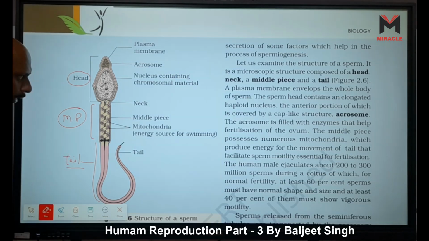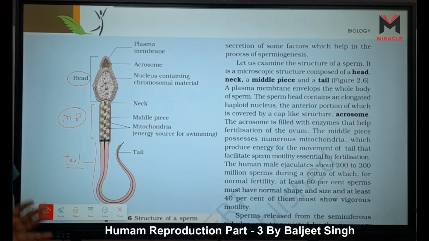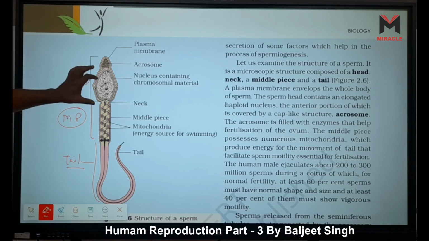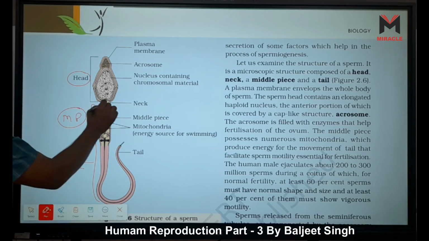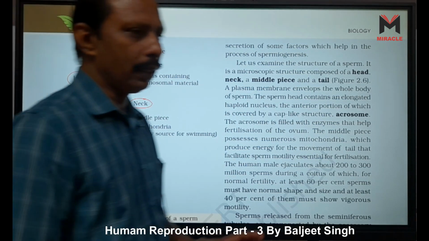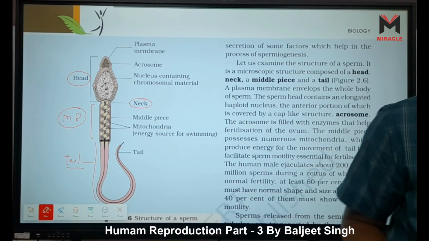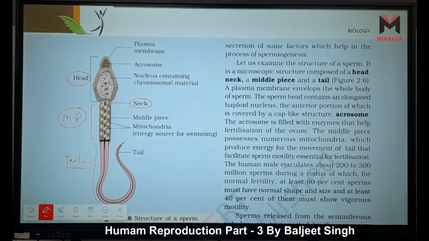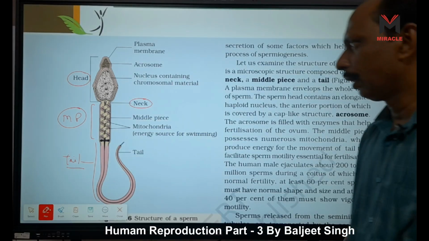This region is the head, already given, right? This region is called the middle piece. So three regions are there: head, middle piece, and long tail. In between the head and middle piece, this part is called the neck, right? Sometimes it is given as head, neck, middle piece, and tail, and sometimes only three regions are given: head, middle piece, and tail, right?